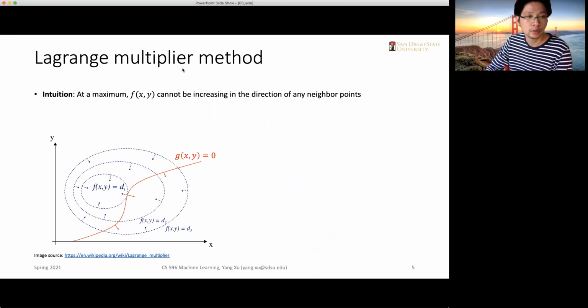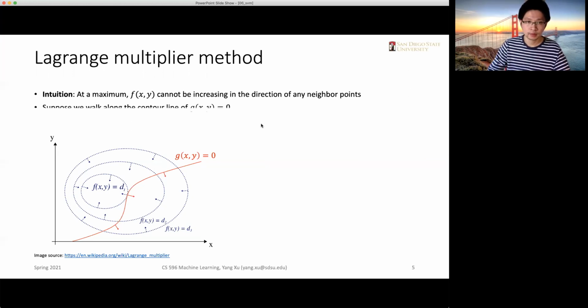The intuition behind it is that when we want to find a maximum point, at the maximum of f(x, y), the function f cannot be increasing in the direction of any neighbor points. I think that is the definition of a maximum point, because if I go to a different point and have a higher value than my current point, it is not a maximum.